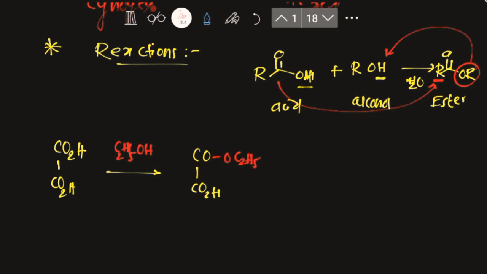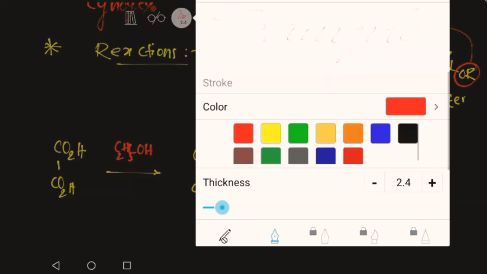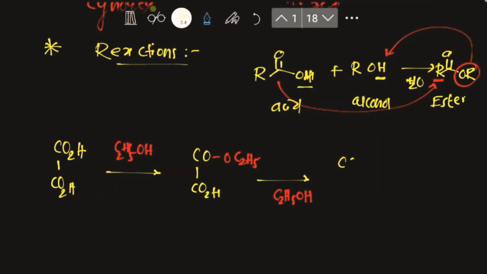This is the first esterification step. In the second step, a second equivalent, C2H5OH, is involved, and you get the product with CO and CO, and OC2H5 and OC2H5.